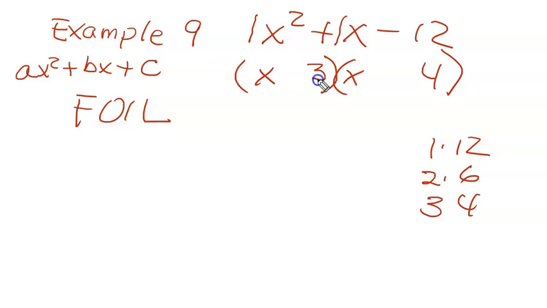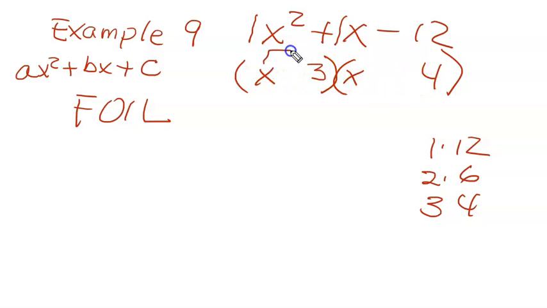A 4 and a 3, you could put them in either place. And now when we multiply them, we get a 12, but we're looking for a negative 12. So that means one of these must be positive, and one negative. So which is which?